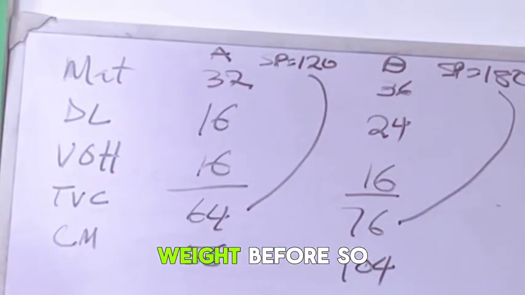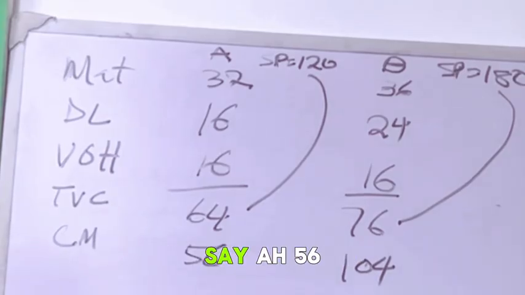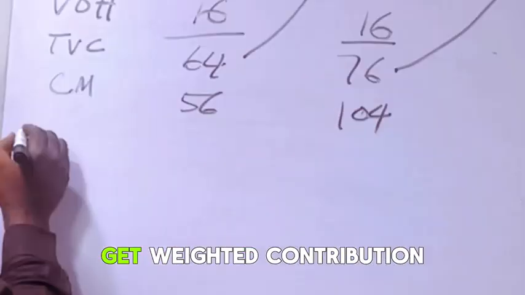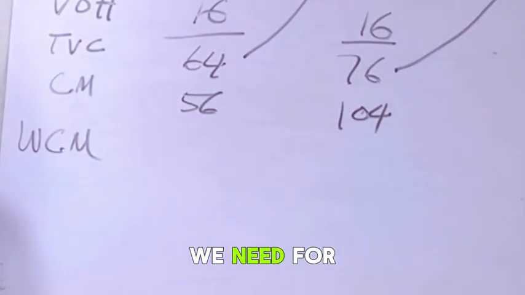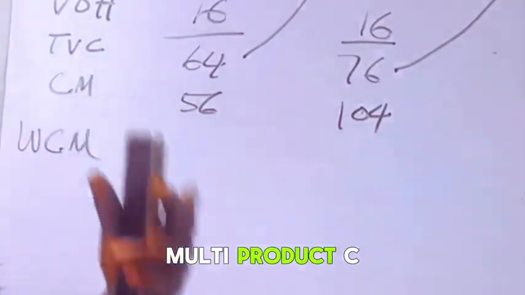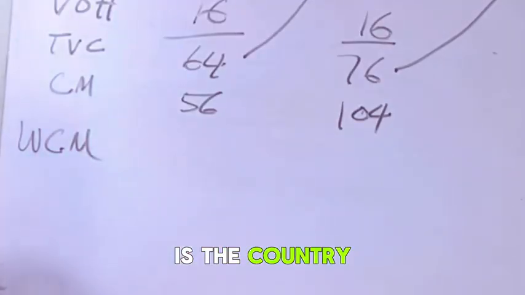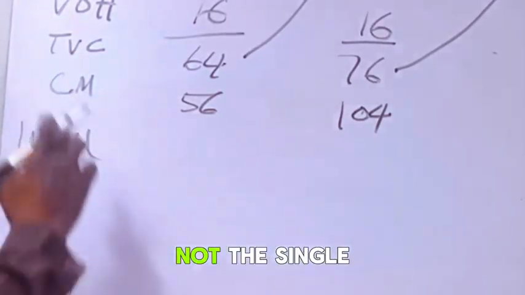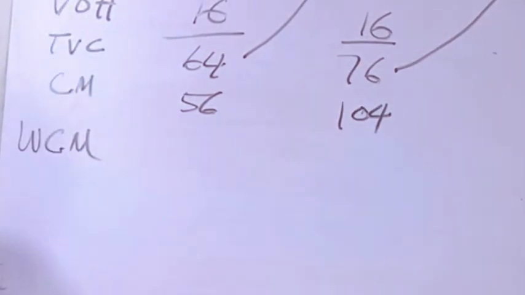We talked about weight before. So here, we're going to say 56 is a contribution. We need to get the weighted contribution margin. This is what we need. For multi-product CVP, what we need is the weighted contribution margin, not the single contribution margin. Now, to do this, we need to bring in the weight.